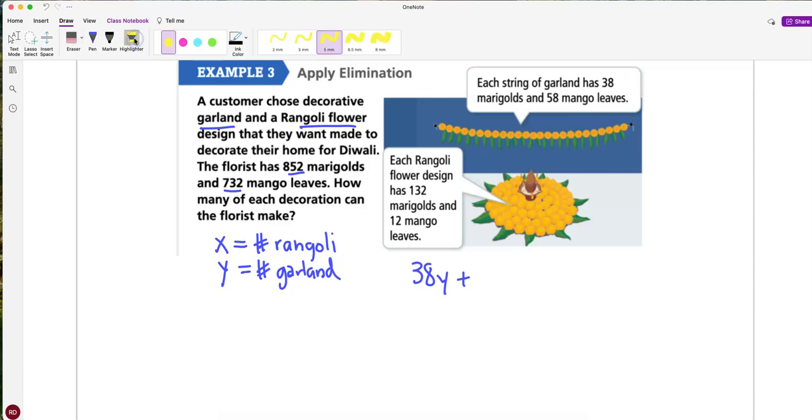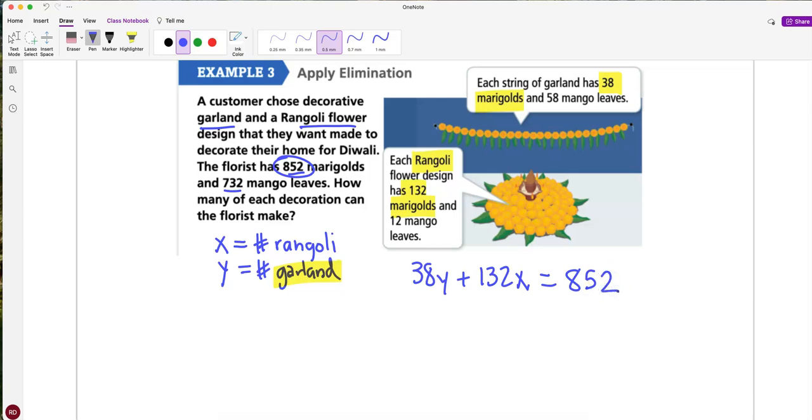So 38 marigolds with the garland, that's 38y. 132 marigolds with the rangoli, that's 132x. So 38y plus 132x equals, and then the marigolds, I have 852.